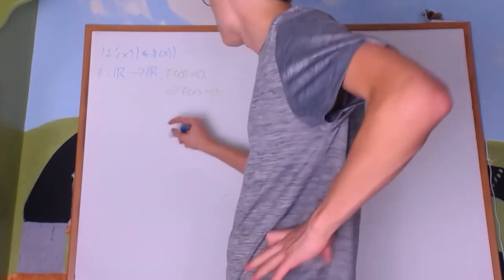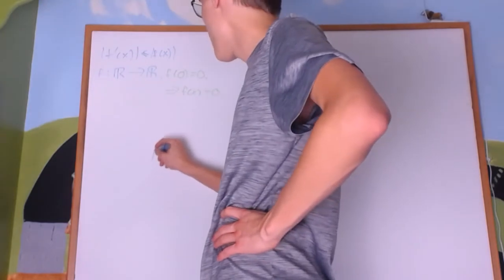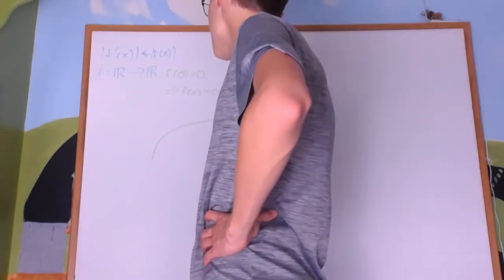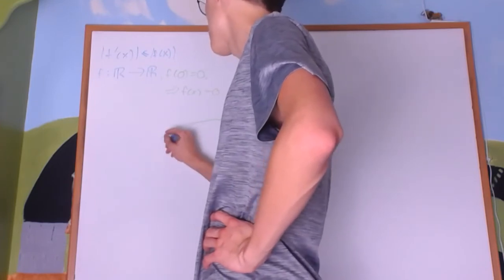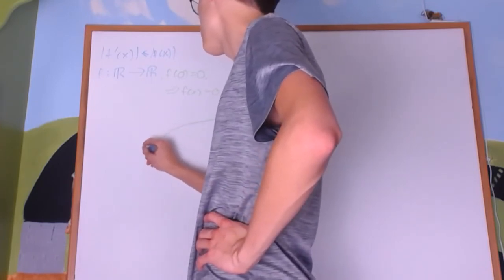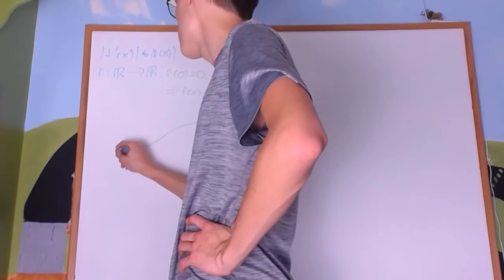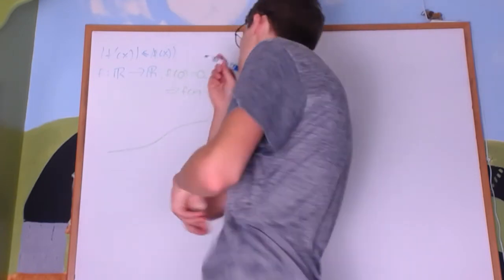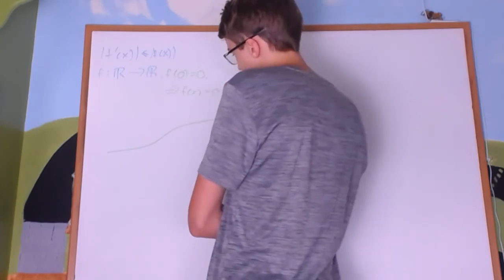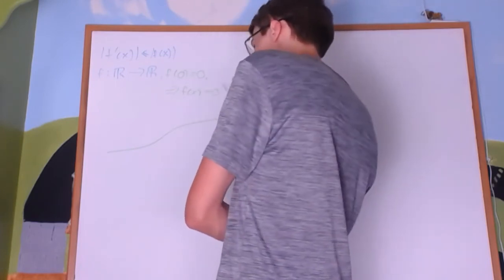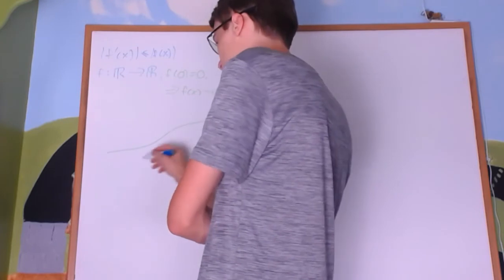So this is putting a bound on the derivative. If I had something like that, so it's always positive, I can just assume that it's always positive.